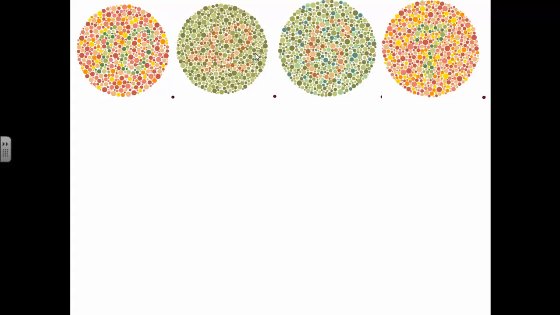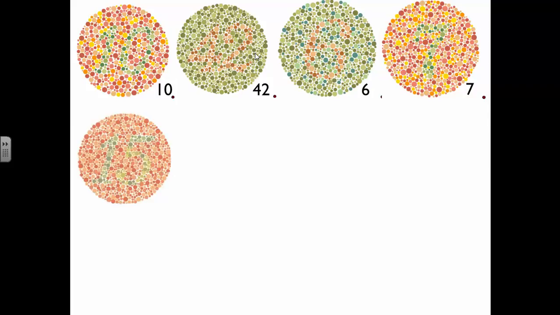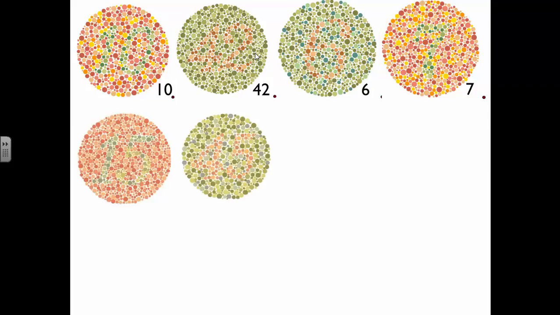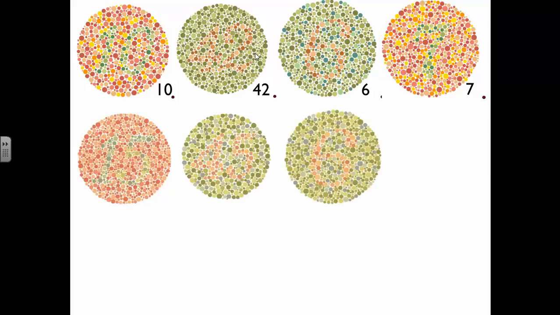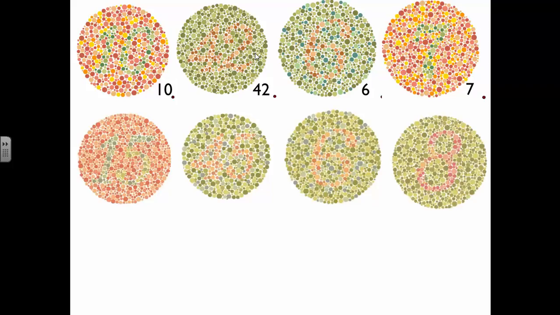Here are some other examples of colorblind tests. What's that? 10, 30, 42, 6, 7. Okay. Wow. Can't see any of them? I can barely see. Oh yeah, they're hard sometimes. 16, 15, wow, 45, 6, 8, 6.